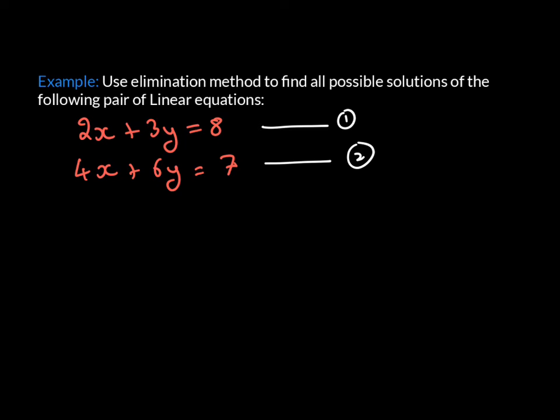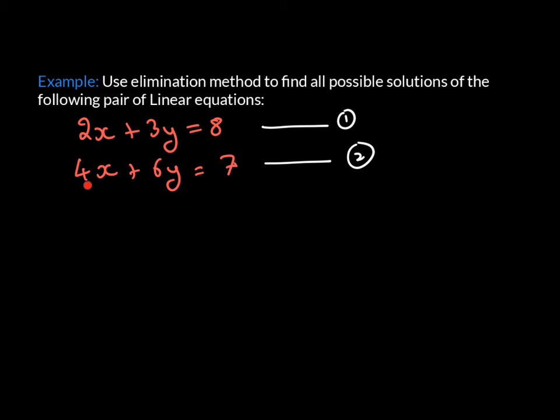In the elimination method, first step, choose any one of the variables to be eliminated. So let us choose to eliminate the variable x. Now if we have to eliminate x, then the coefficients have to be the same and the signs have to be opposite in both the equations.